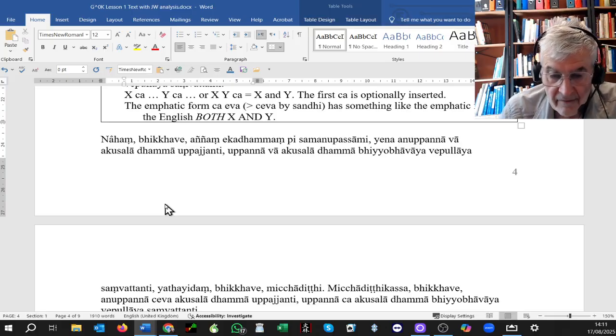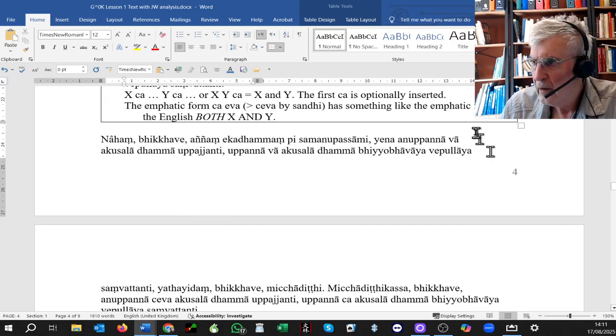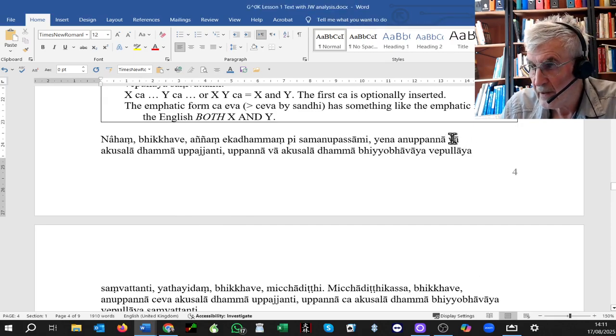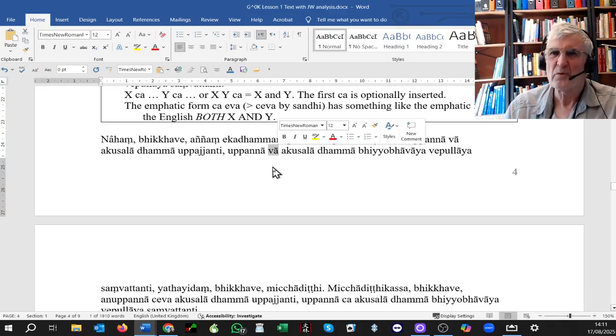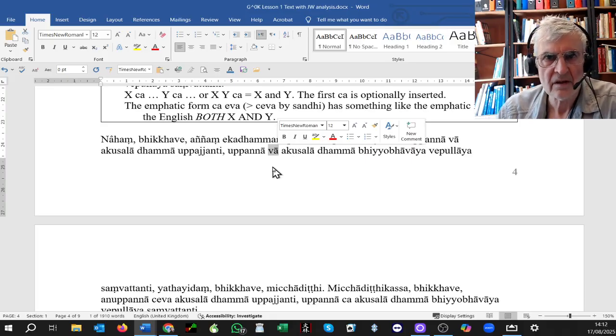This va and va, anuppanna va, the first va there that I'm highlighting, and the second va there means either or. It can mean both and, either or both and, depending on context.